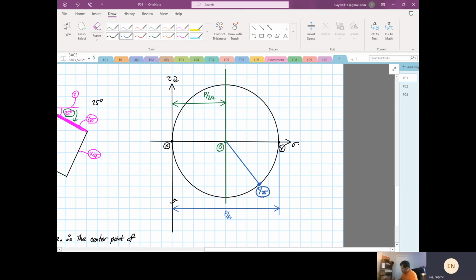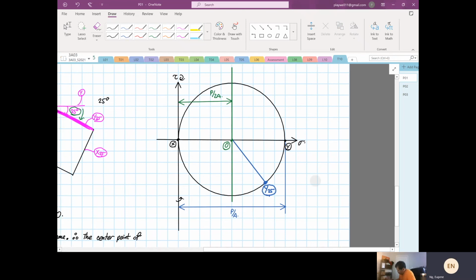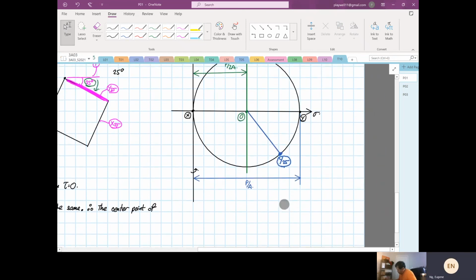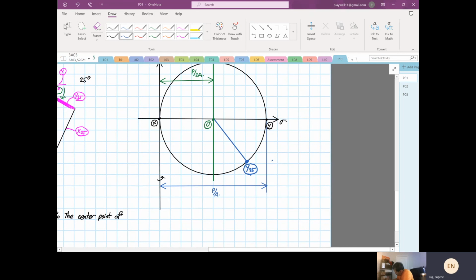We do have enough space now for the coordinate system for stress Y25 and the shear Y25. To find that distance, we want to find our normal stress Y25.